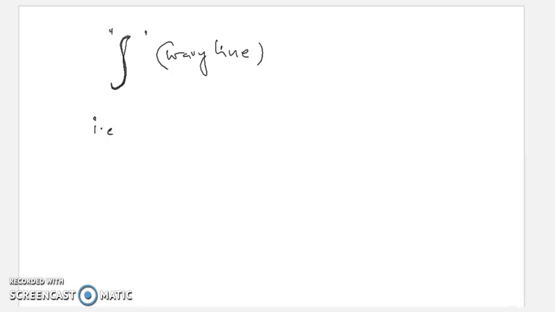That is, by using the notation integral f of x dx is equal to capital F of x plus c.